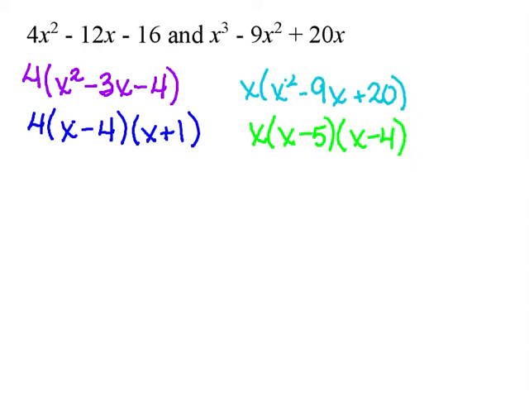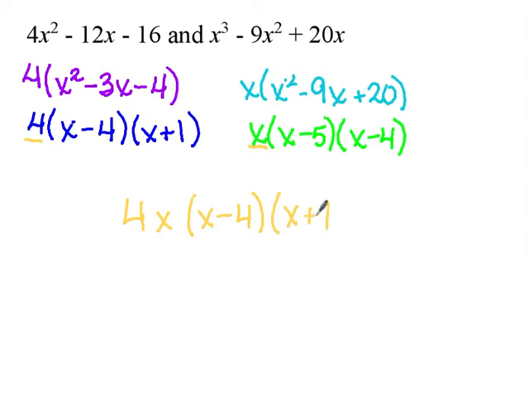Okay, so now let's look at what we have. I have a 4, so that's part of the LCM. What else is part of the LCM? X. What else? X minus 4. What else? X plus 1.